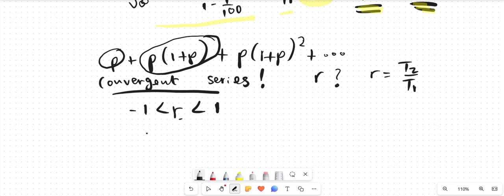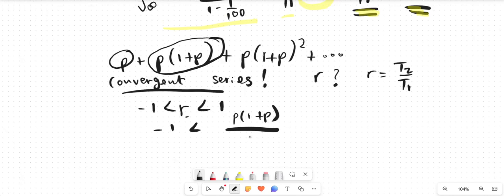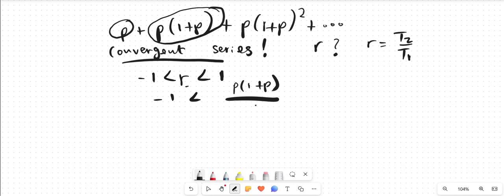inequality there. So I have my -1 there, and here I have my term 2, which is p(1 plus p), and at the bottom I have my p there. And if you divide these, the p's are the ones that cancel. You end up having -1 < 1 plus p.